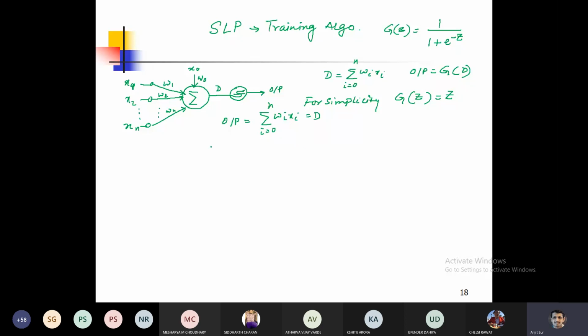Okay. Now what is our setting, as we said: we put the input here, and we try to find the desired output there.